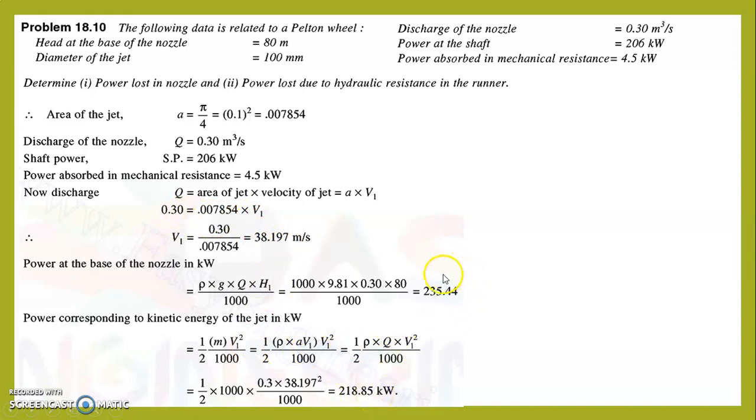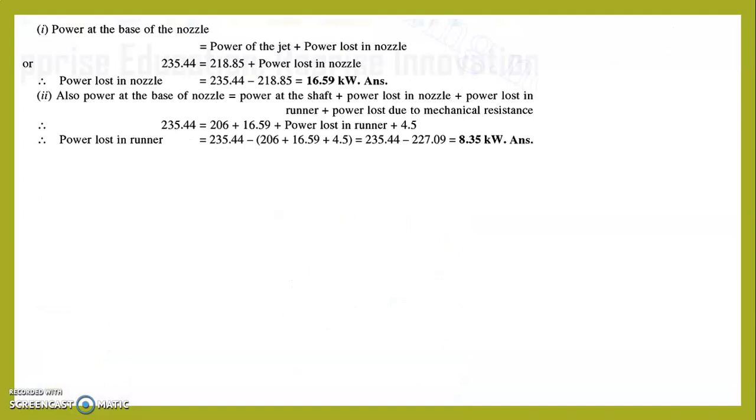So this is the actual water power we get, compared to the 235 kilowatt expected. The difference between these two will be the power lost in the nozzle. Actually it is the power lost while transmitting through the penstock pipe, or we can write it as the power lost in the nozzle.